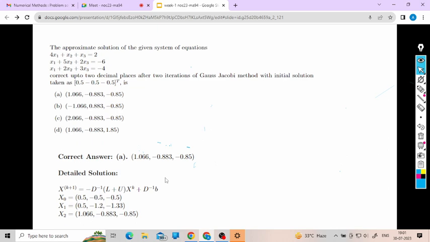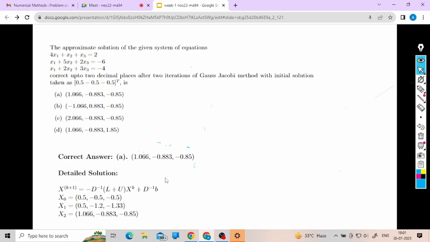So the next question is, suppose you have been given a matrix A which has row elements 1, 3, 2, the second row elements are 1, 1, 3, and the third row elements are 2, 1, 3. Reduce it into the matrix B by applying the row operations R3 minus 2R1 and R2 minus R1.